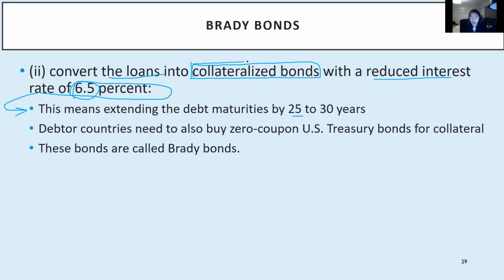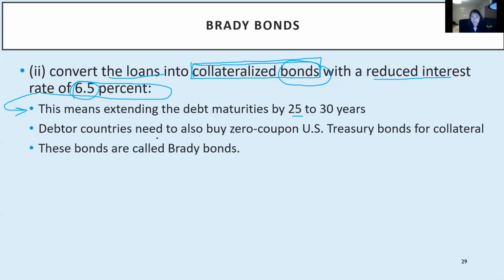Now, the loans are converted into collateralized bonds. That means these bonds have to be backed up by a financial asset, okay? And the required financial asset was zero coupon US Treasury bonds. So the effect was that these countries, the debtor countries, they've got to buy zero coupon bonds from the US, okay?